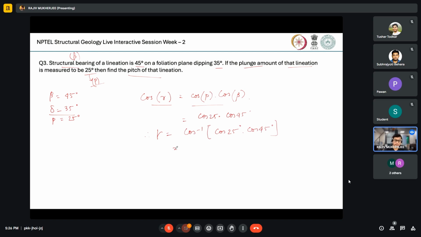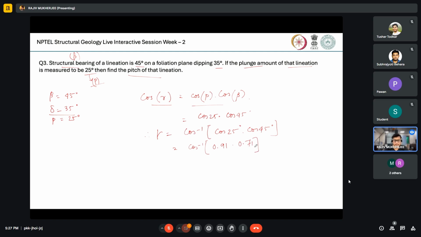So the value will be, so this is near about 0.91 times, this is 45, means it is 1 by root 2. It's times 0.71.